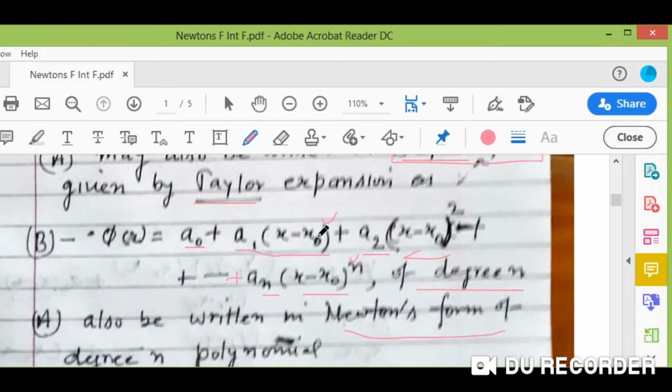Since x naught is a constant value, if we substitute some given value of x naught, then simply x will remain. Similarly, if you open the bracket of (x minus x naught) squared, you will find x square, 2 x naught x, and so on. Substituting the values, you will find x square and x to the power 1, and you can add them.